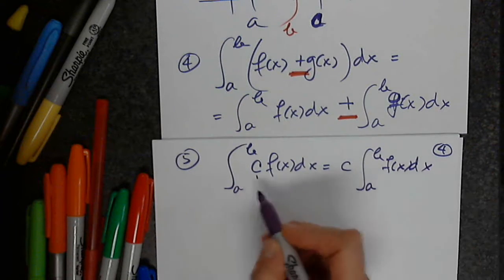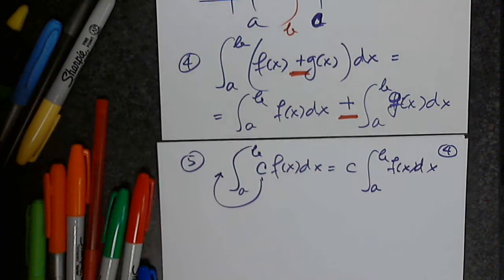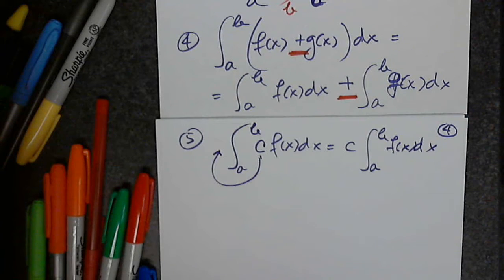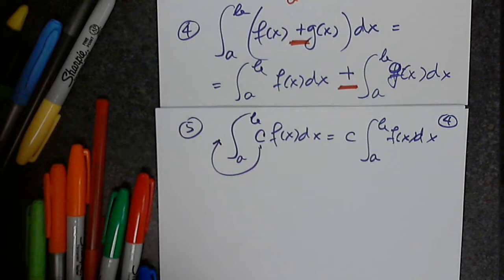C is a constant. The same thing we did with the limit operator and with the summation notation. Any questions?